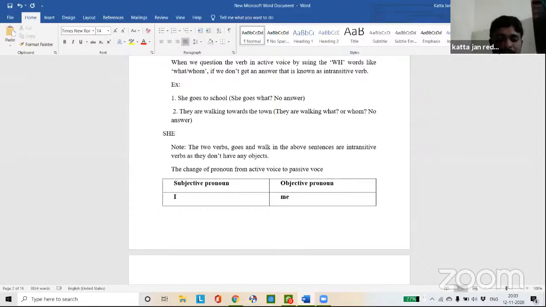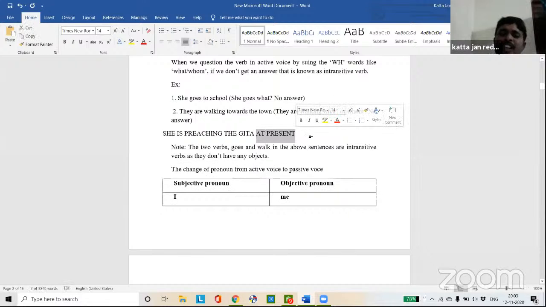She is preaching the Gita at present. So do we think always the word which is used at last is the object?